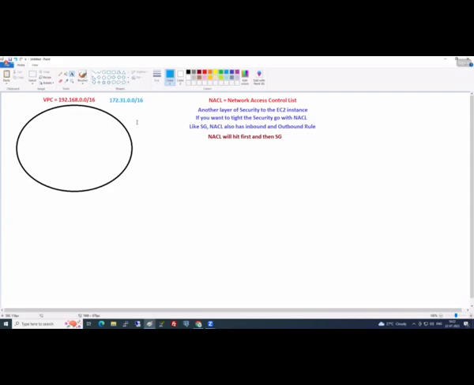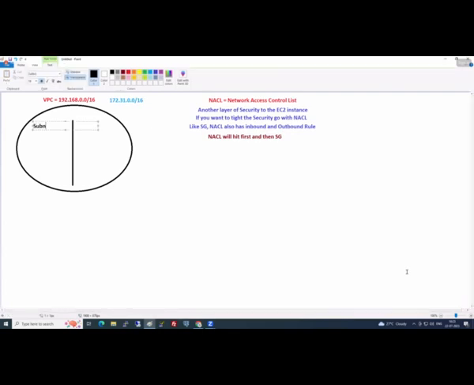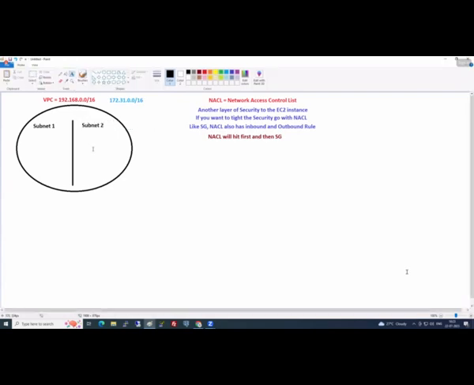Similarly here also, how big your VPC range is, that many subnets you can create. Now here, as I don't have space, can I create only 2 subnets? I'll create only 2 subnets. I call this subnet 1, and subnet 2.